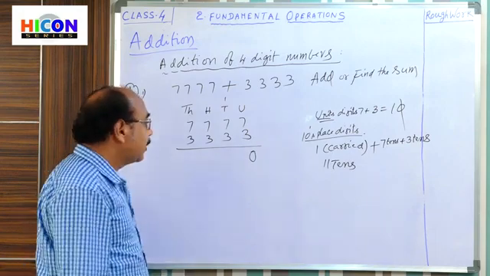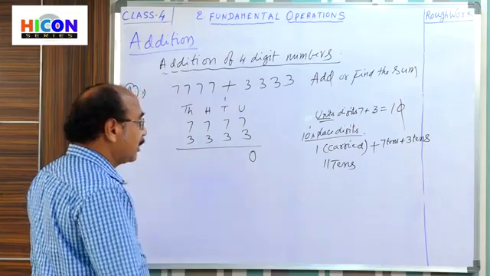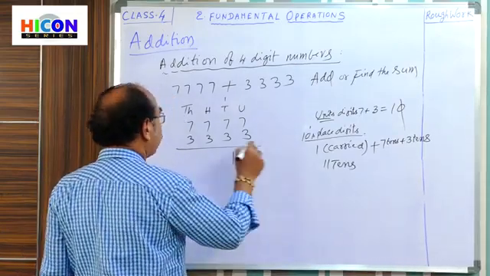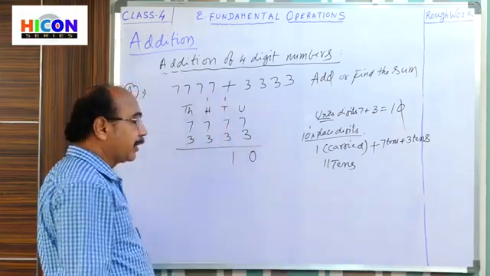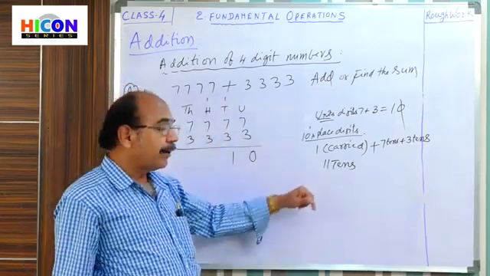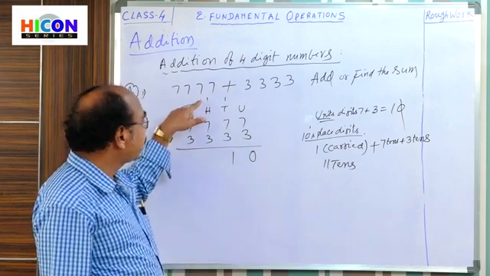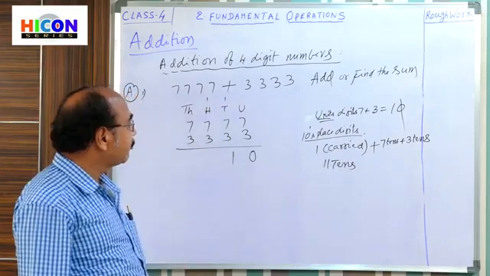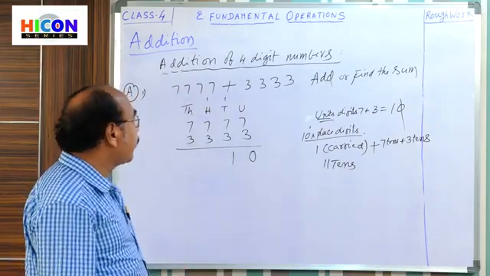That's why 1 we write here and 1 we write in the hundreds place, because 10 tens make 100. This is carried 100.